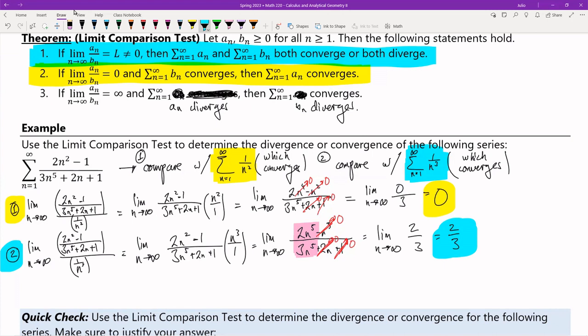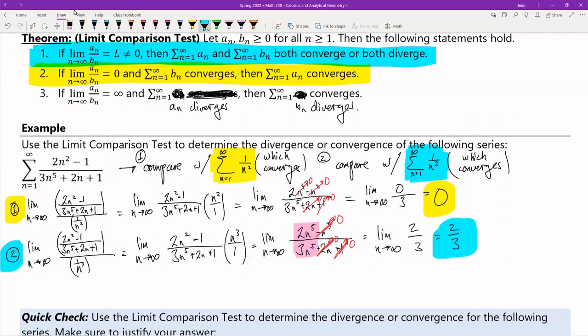Also notice, which probably is great if you remember the brain power that went into just the good old regular comparison test, there was no need for us to prove any relationship between one sequence or the other. We just needed to find a sequence that converged or diverged.